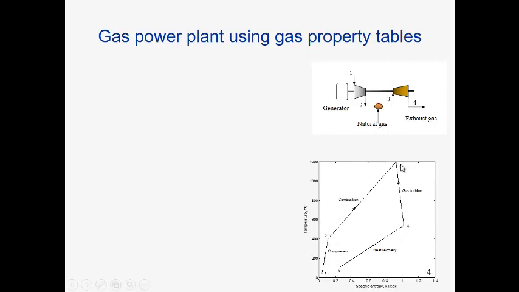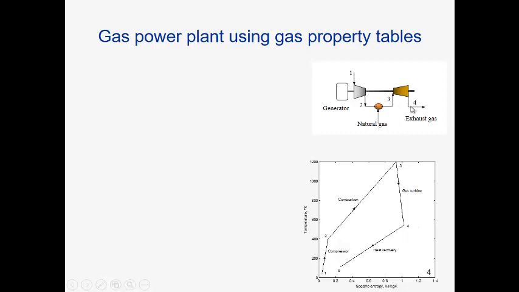And combustion chamber, it is a constant pressure process. The temperature is increasing due to combustion process. After that, the high temperature, high pressure gas is expanding in a turbine. The process is adiabatic process similar to the compression.